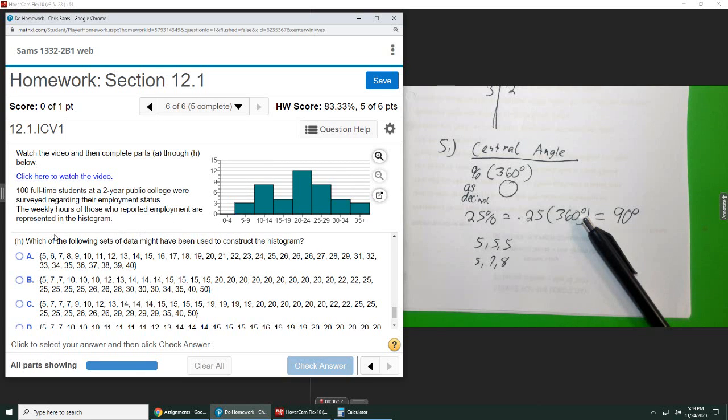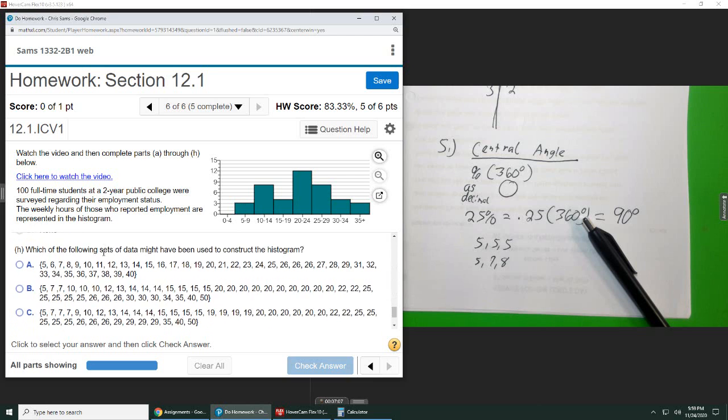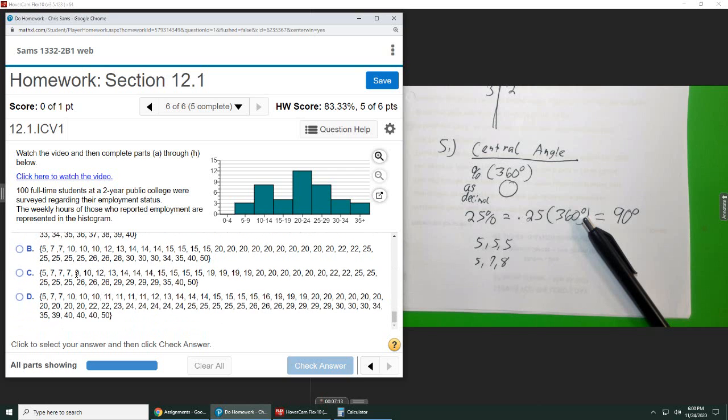And then H, which of the following sets of data may have been used to construct this histogram? We want to look at the information given and match up the height. Between 5 and 9, there are 3 people. Choice A has 5 people, so A is out. B, 1, 2, 3, that looks good. C has 4, that's out.